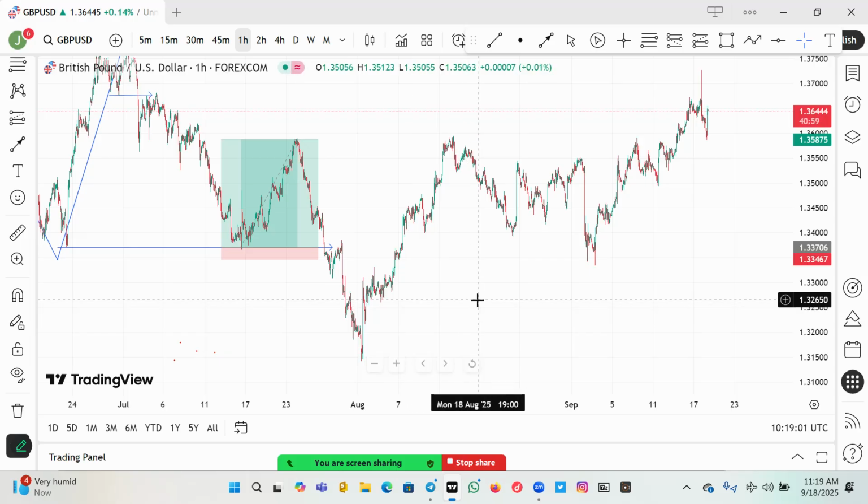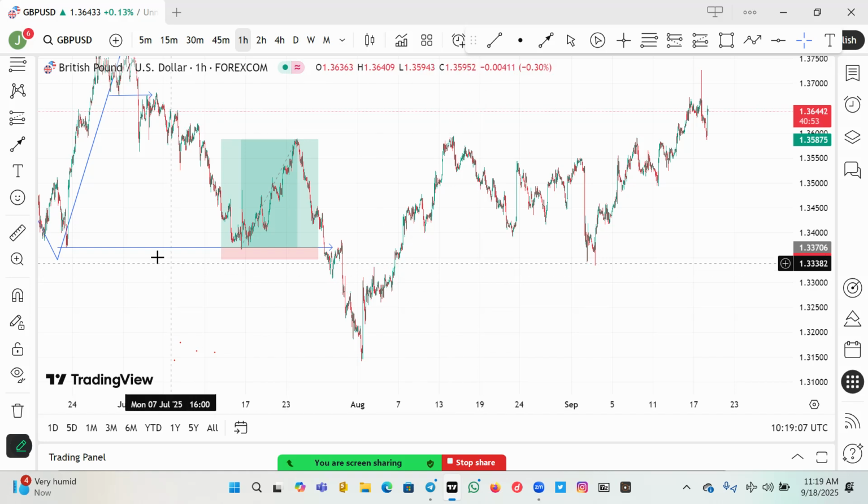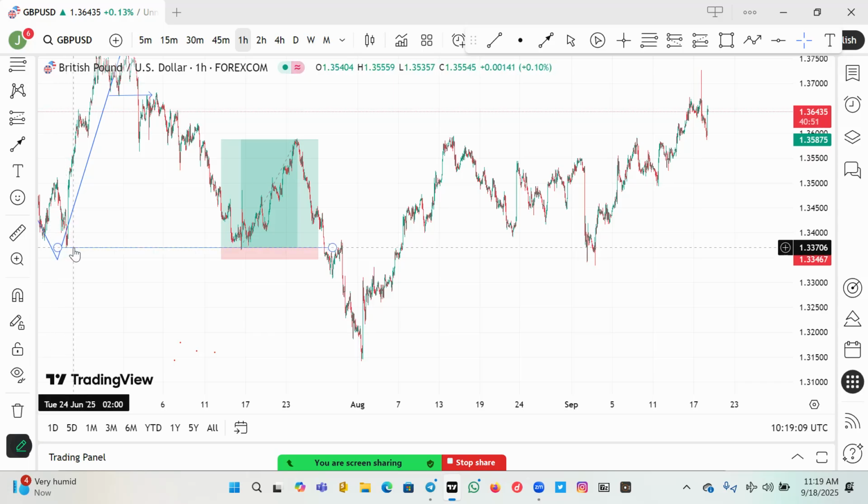GBPUSD and Euro USD. There's something called internal break of structure, internal change of character. That is when your second valid break of structure breaks. There's something called external change of character and there's something called internal change of character.